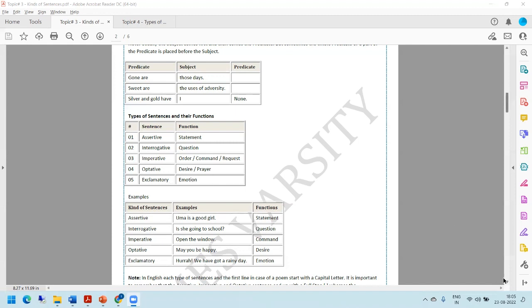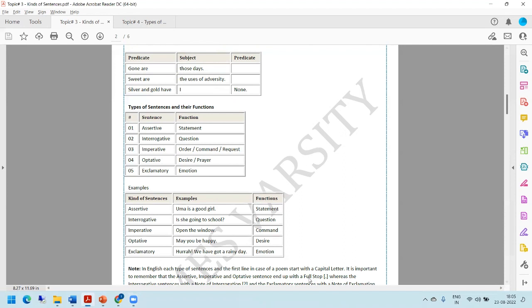Let's look at some examples of these types of sentences. First one is assertive, right? One example of an assertive type of sentence is, Uma is a good girl. Simple example, right? Similarly, I say, I provide business English training. So this is an example of an assertive sentence where it is a simple statement. Second type, interrogative.